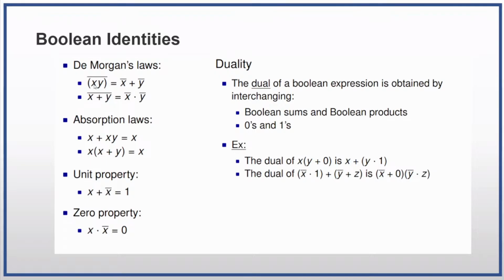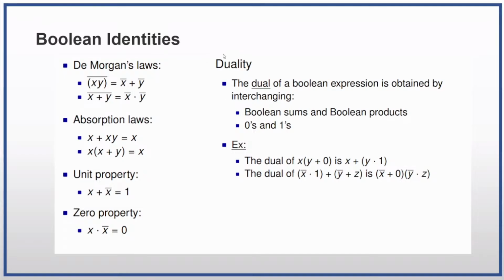So you can see x and y here. The complement of x and y is the complement of x or the complement of y. That means not x or not y.